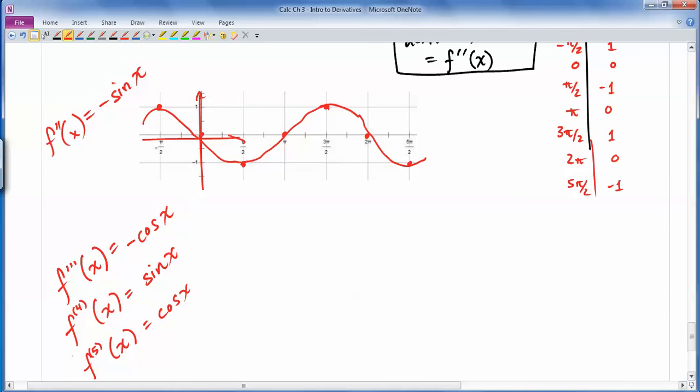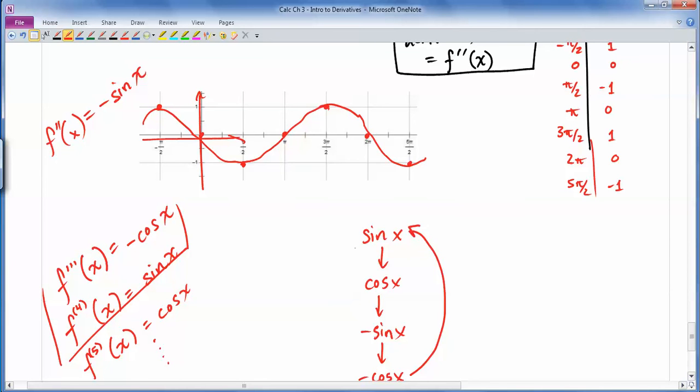And then it's like a 4-part cycle. So it just keeps going from sine x to cos x to negative sine x to negative cos x. And then it cycles back around to here again. So each arrow means take the derivative of, in this case.